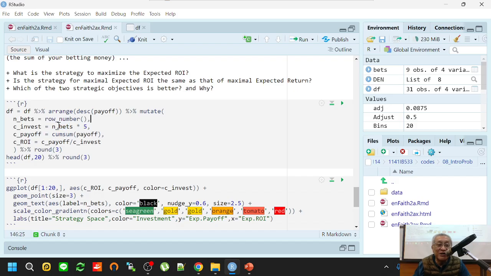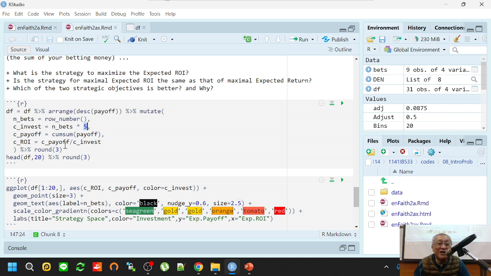As you can see from the DF, I arranged by decreasing payoff, and I mutate a few more columns. The first column is the number of bets, the raw number. And then the investment is the number of bets times 5, because every bet you need to pay $5.